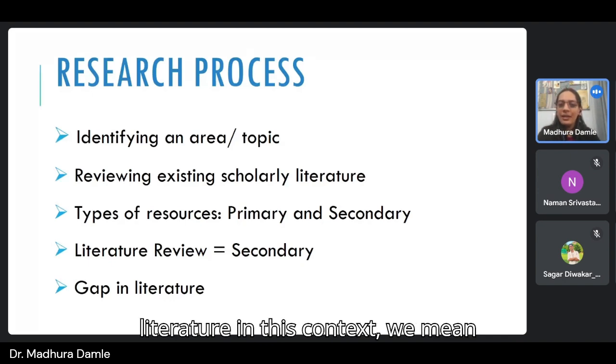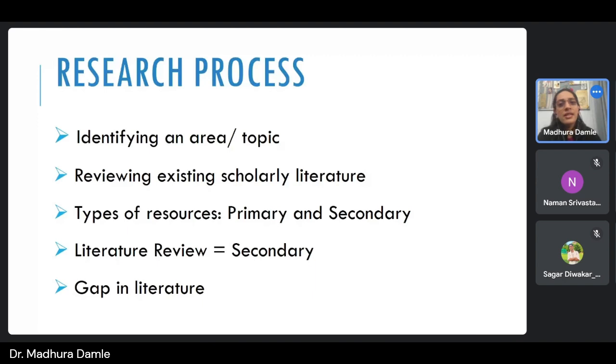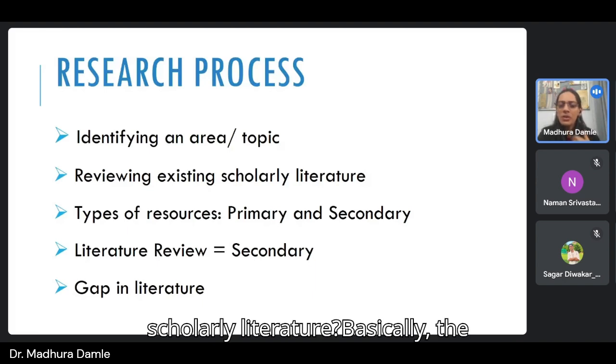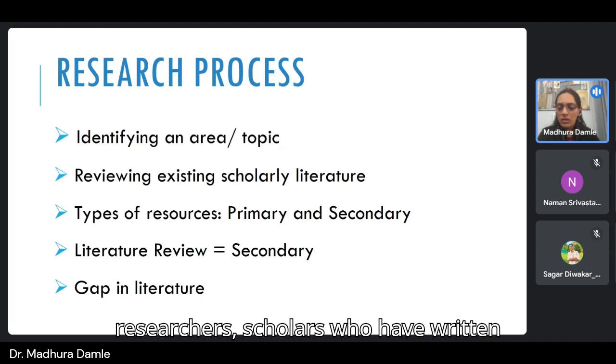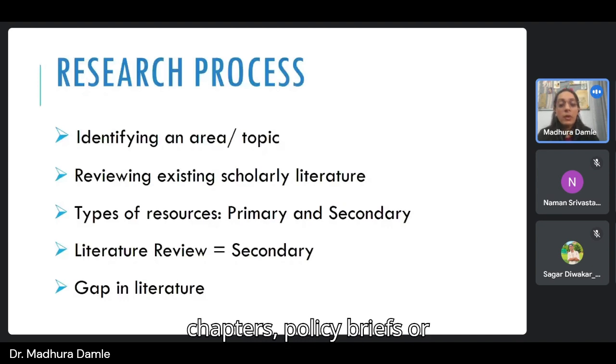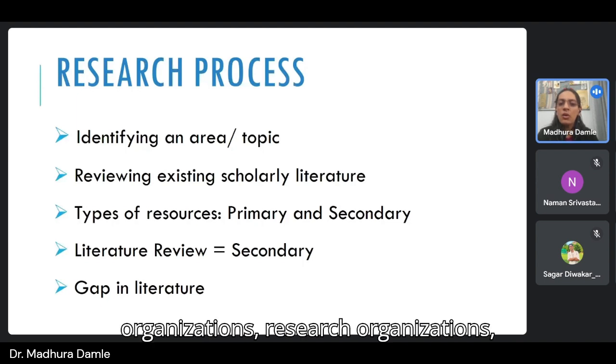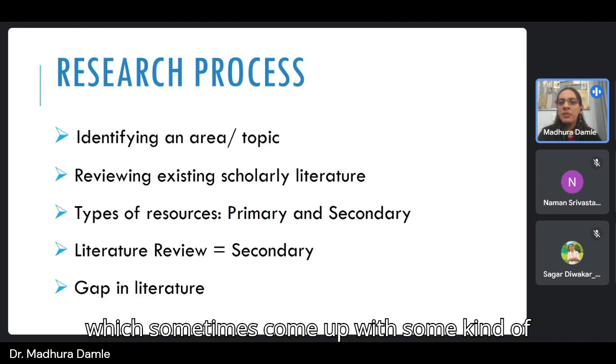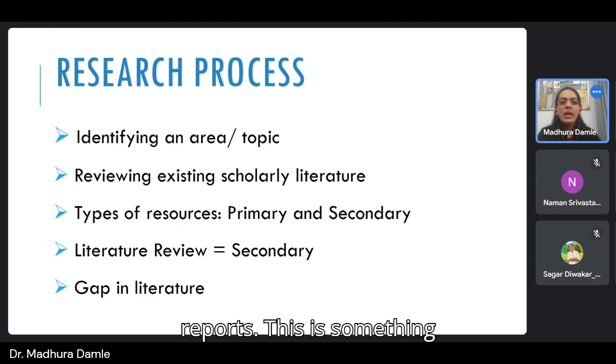By literature, in this context, we mean scholarly literature. Now, what is scholarly literature? Basically, researchers and scholars who have written books, journal articles, book chapters, policy briefs or reports, or various social organizations and research organizations, which sometimes come up with some kind of reports.